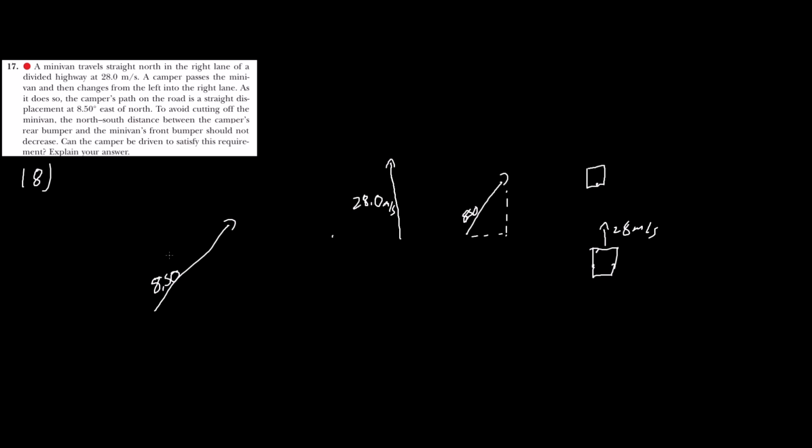I was going to pull the solution manual up, but I decided to give this problem a shot. I just got lazy, I didn't want to try to figure this out with the rear and the front, but I'm glad I did it. So this is definitely going to be 28.0 meters per second that it has to surpass. The answer is yes. And if this is 8.5 degrees here, I'm not even going to do the trig on this problem, folks.